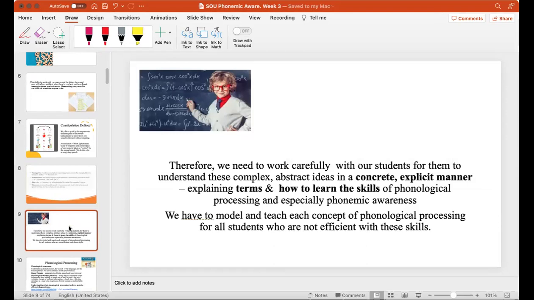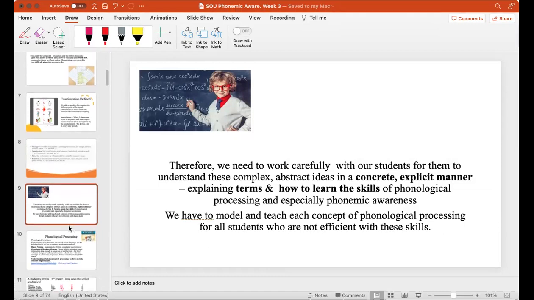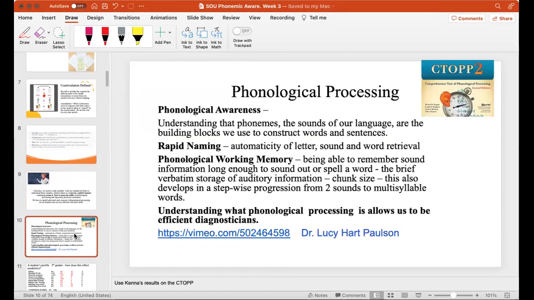That's what co-articulation means. And so therefore, what we have to do is really teach these complex, abstract ideas in very concrete ways. And that's what we do with teaching phonemic awareness. So phonological processing is the big umbrella that phonemic awareness rests in.